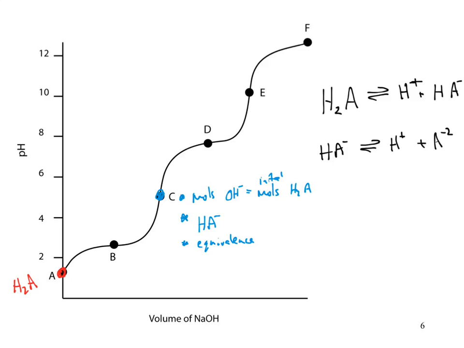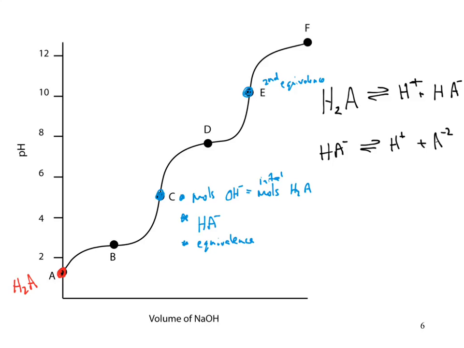Then what happens? We continue to add more base until eventually we've added so much base that we can't get rid of the HA minus anymore. And we reach point E. What is point E? We have a second equivalence point.